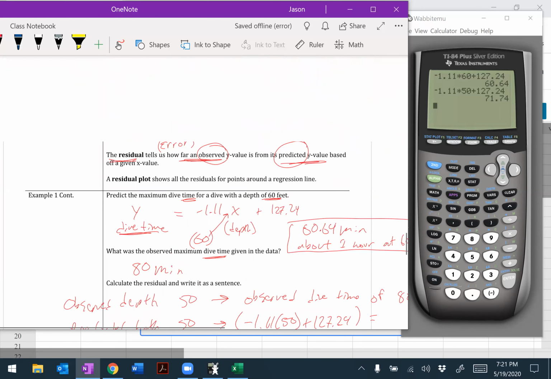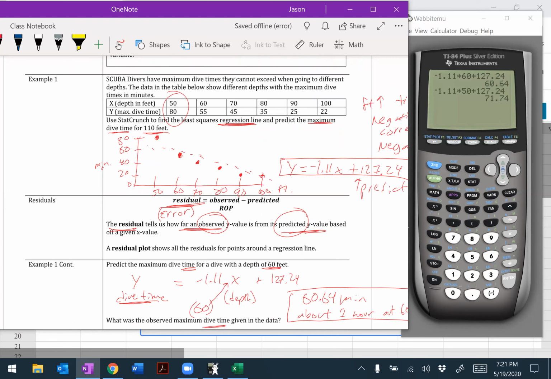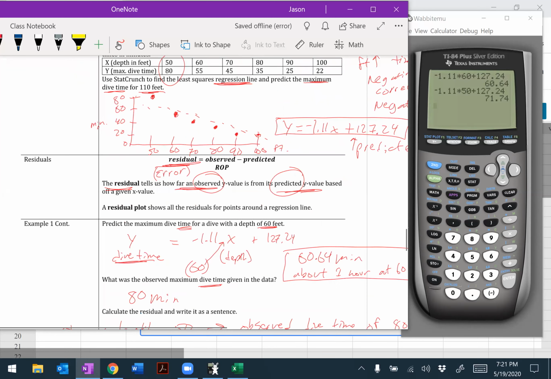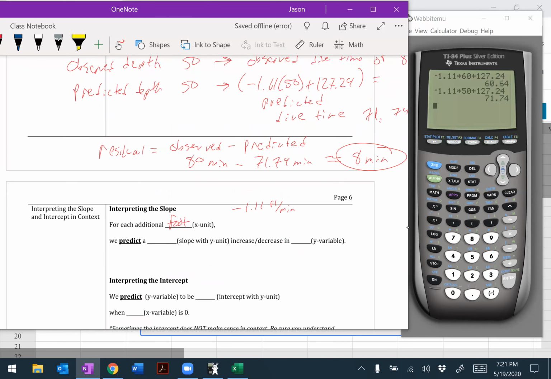Look at the plot here. Yep, it's minutes per foot, sorry, other way around. Negative 1.11 minutes per foot. That makes more sense. You're losing time every foot you go down, so it is a negative slope. You're losing about a minute for every foot that you go down.